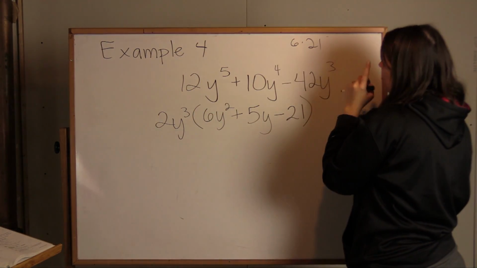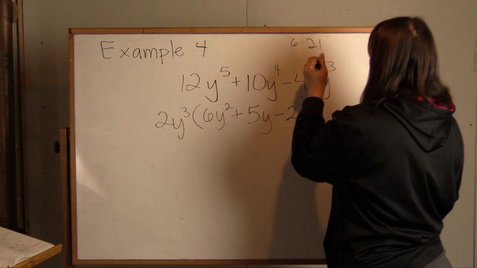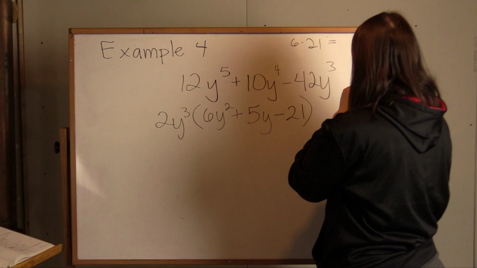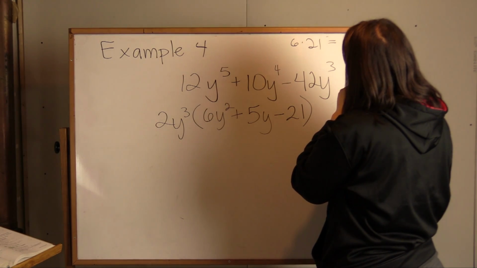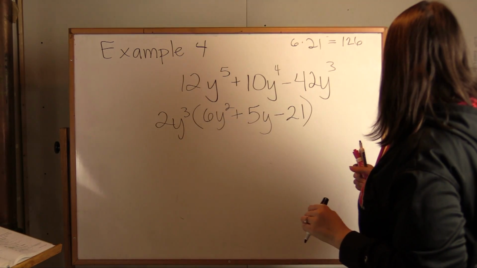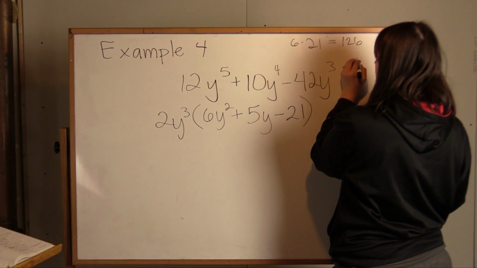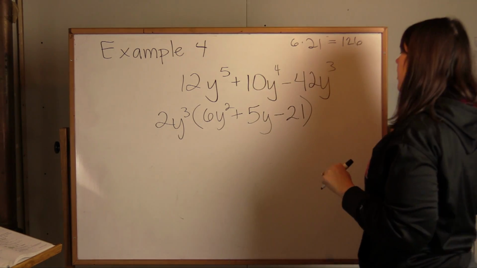So 6 times 21 is 126, I think. Let me just double check on that. 126, yeah, I think that's right.